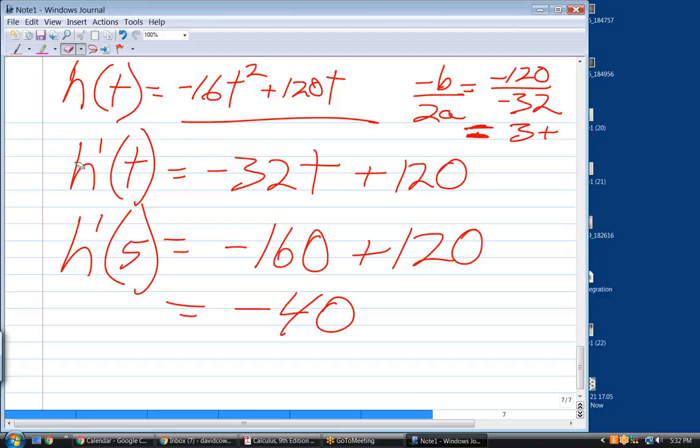But in terms of questions about its velocity at any point in time, just take the first derivative. And if you wanted to know what its acceleration was at that point, take the second derivative. The second derivative would be minus 32. Well, guess what minus 32 is?